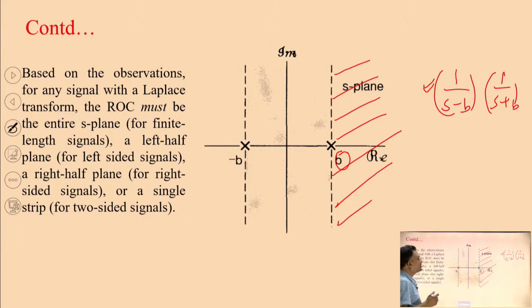When you have a non-causal signal, your ROC will be a parallel strip, where one pole corresponds to the anti-causal part and another to the causal part. So for a causal signal the ROC is right sided, for an anti-causal signal the ROC is left sided, and for a non-causal signal the ROC is a strip parallel to the j omega axis.